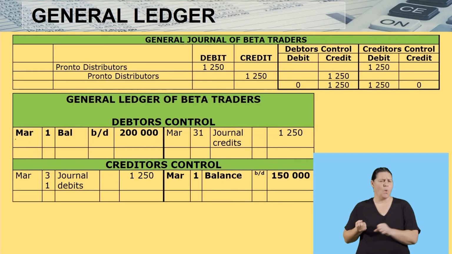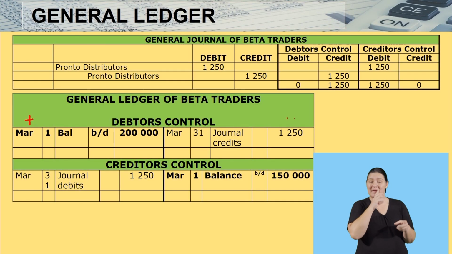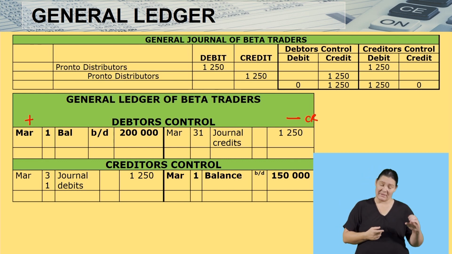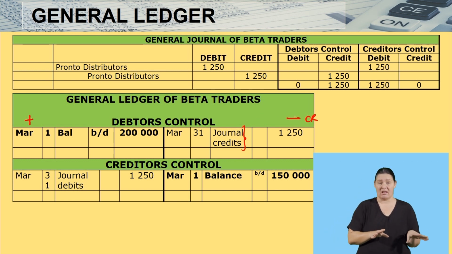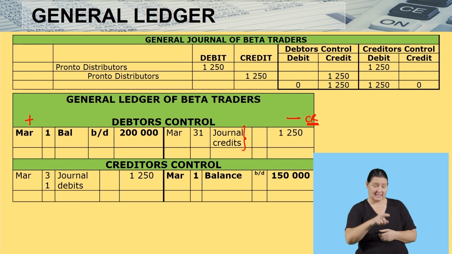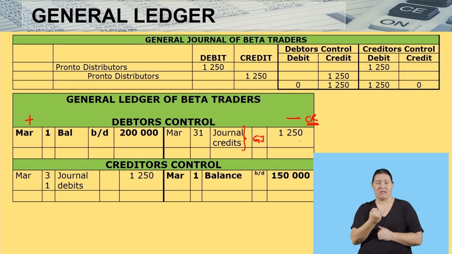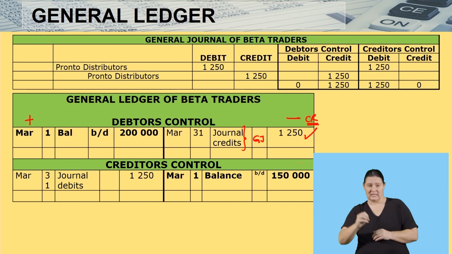How would this affect the general ledger? Debtors control, you remember what I told you. This is an asset, it increases. On the credit side, it decreases. So you're going to have your general debits, general credits, because it is coming to the credit side. General credits, general, GJ, 1,250. And when you come to creditors control, remember it is a liability.